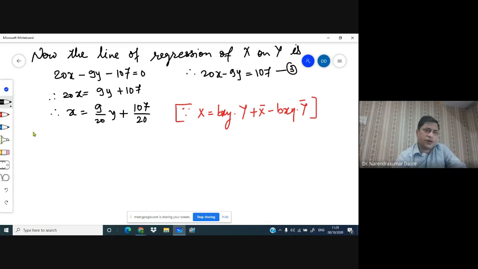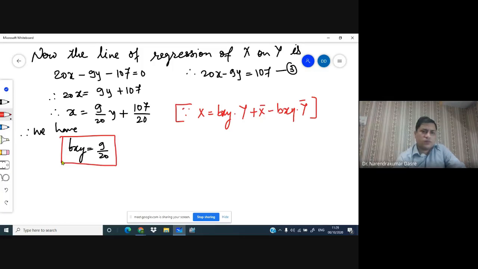Okay, that's what we'll be having. And hence here we have bxy is equal to 9 by 20. So this is equation 4.